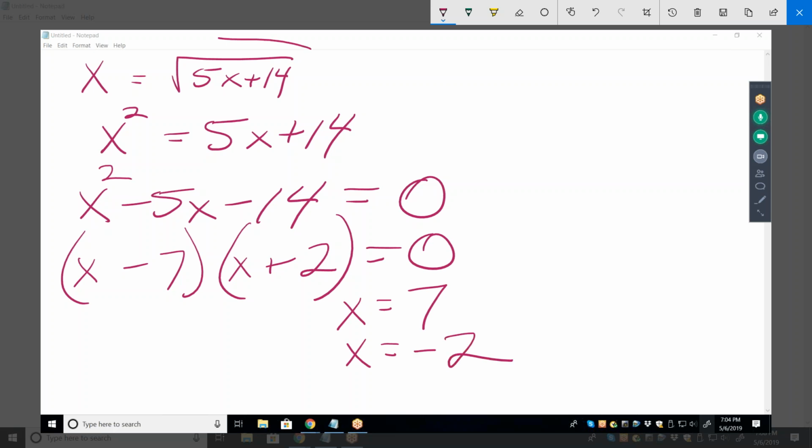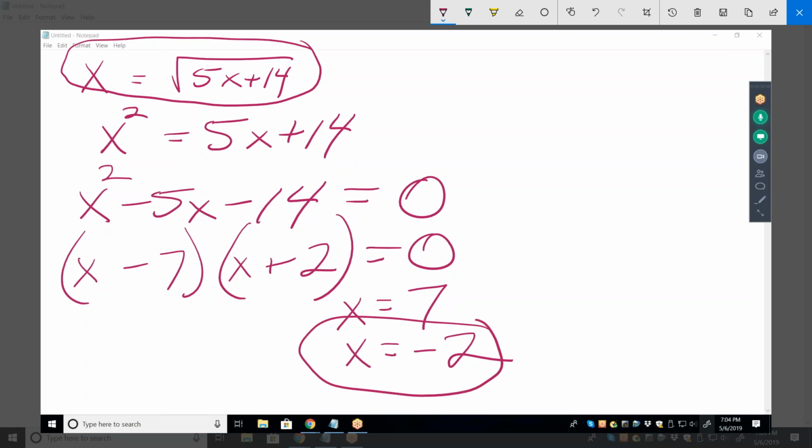Now, because we have a radical, it's probably worth checking both of those solutions. You don't have to necessarily check them all the way out, just make sure one of them does not result in a negative number in the radical sign. In other words, if I plug in minus 2, I still have a plus 4. But no, that one doesn't work. Negative 2 equals the square root of 4, which is not true.